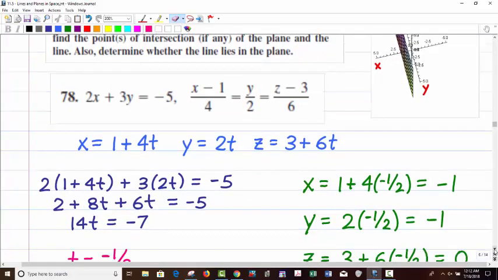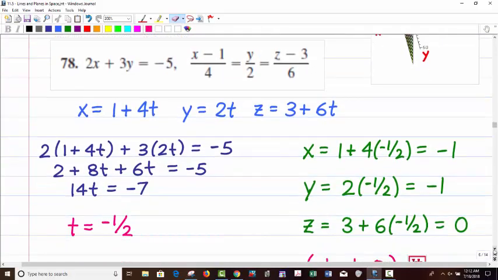Here's another one about finding the point of intersection, like we did earlier. I took the symmetric form here and converted it to parametric, so I could substitute like I did.